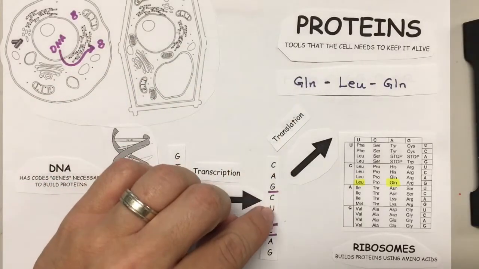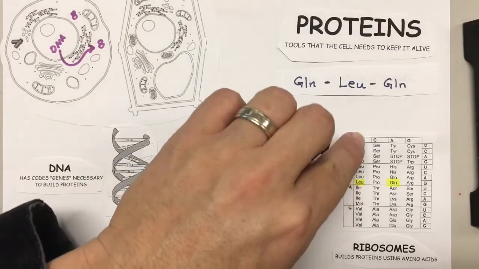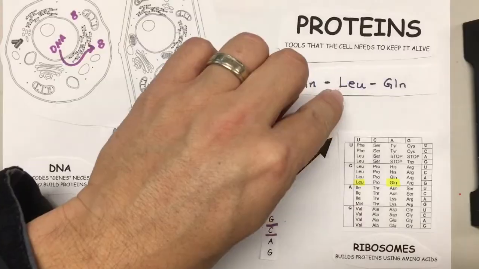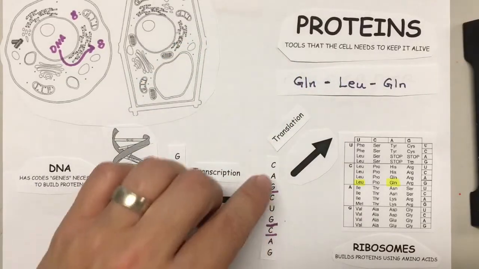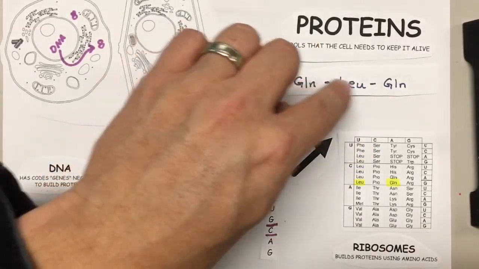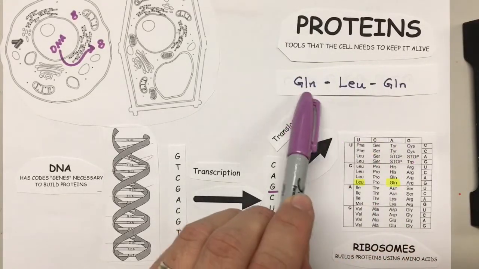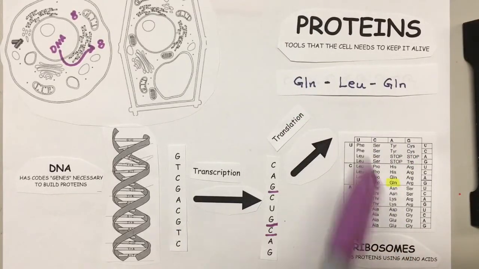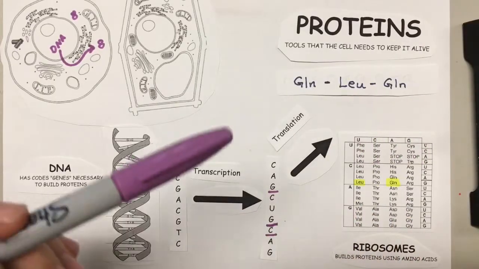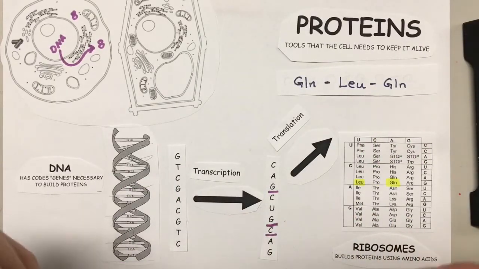CUG would be leucine, and the last code, CAG, is the same as the first. Therefore the ribosome is going to build a protein that is 3 amino acids long, and once it's built, it would go to wherever it's needed and do a specific job. And that's how a cell makes all its proteins.